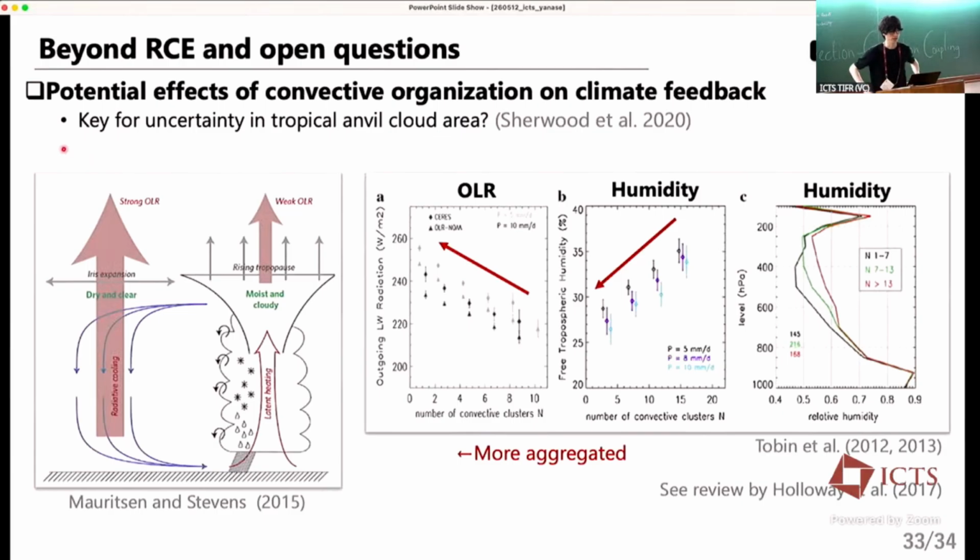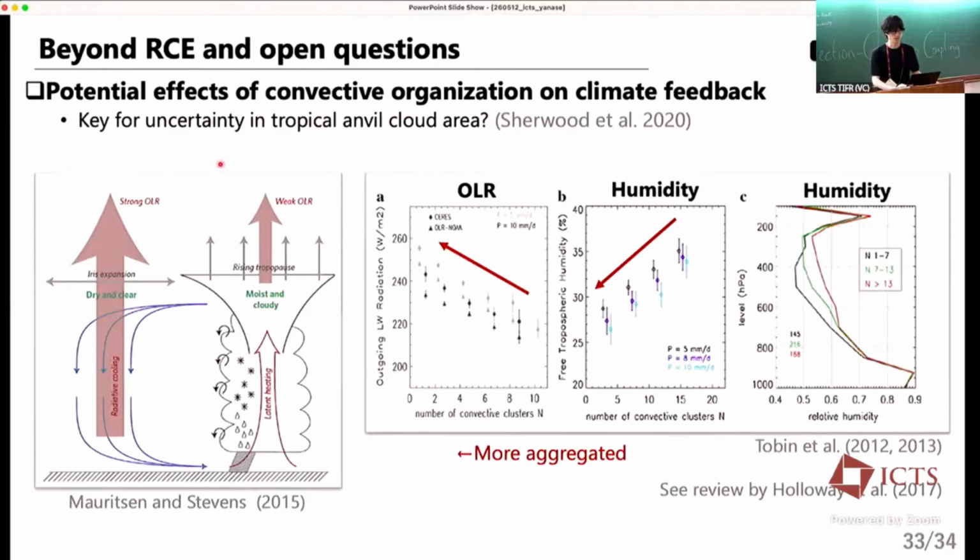This is the final slide, and it is also considered that convective self-aggregation is potentially important for climate dynamics. For example, if the convection aggregates more, and the dry subsiding area increases, it means that it more efficiently emits longwave radiation to space, and maybe it can affect the radiative balance of tropical climates.